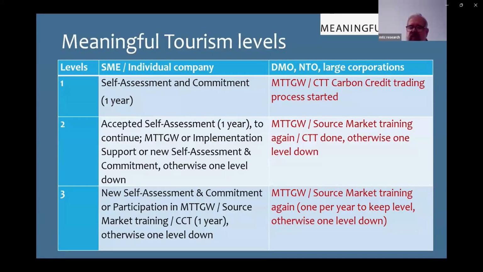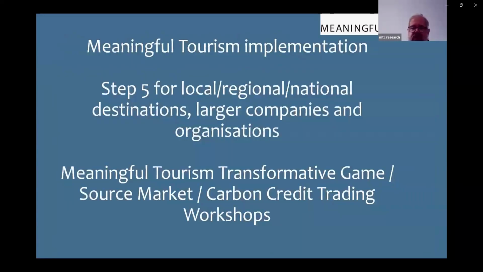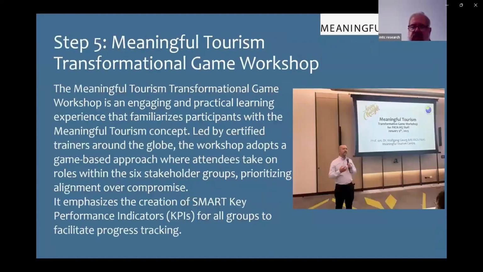Then you can move up, depending on how active you are, to the level of certified and distinguished member of the Meaningful Tourism movement. So how does it work? This is a transformational game workshop, which is offered offline, and it is done by our trainers around the world.